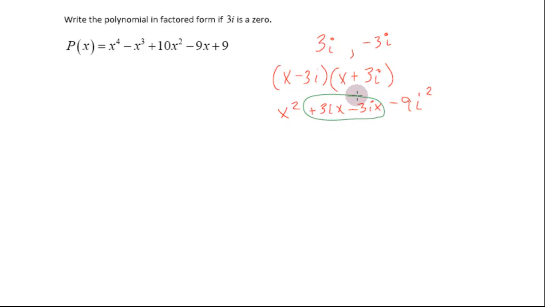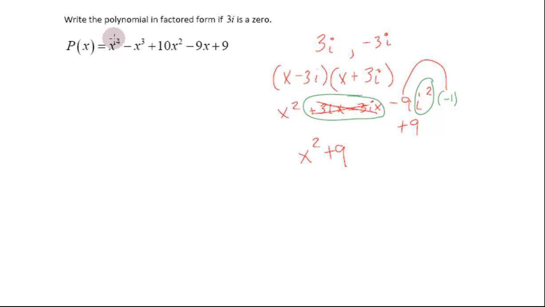They add up to 0. And i squared, what's that? Negative 1. So we have negative 9 times negative 1, or really it's positive 9, right? So this is all zeros gone. We have x squared plus 9. So these two zeros actually multiply out to x squared plus 9.